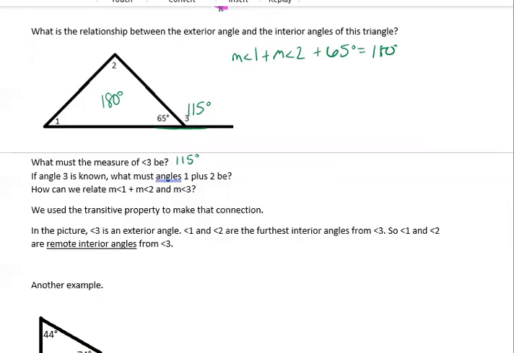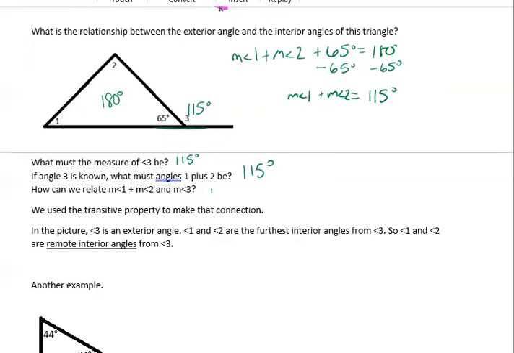If I use a little bit of algebra and I subtract this 65 on both sides, then I have that 115 is equal to the measure of angle 1 plus the measure of angle 2. So that was because of the inside of the triangle equaling 180. Then these two left have to add up to 115. And look, adding these two up gives me 115, and adding this one up gives me 115.